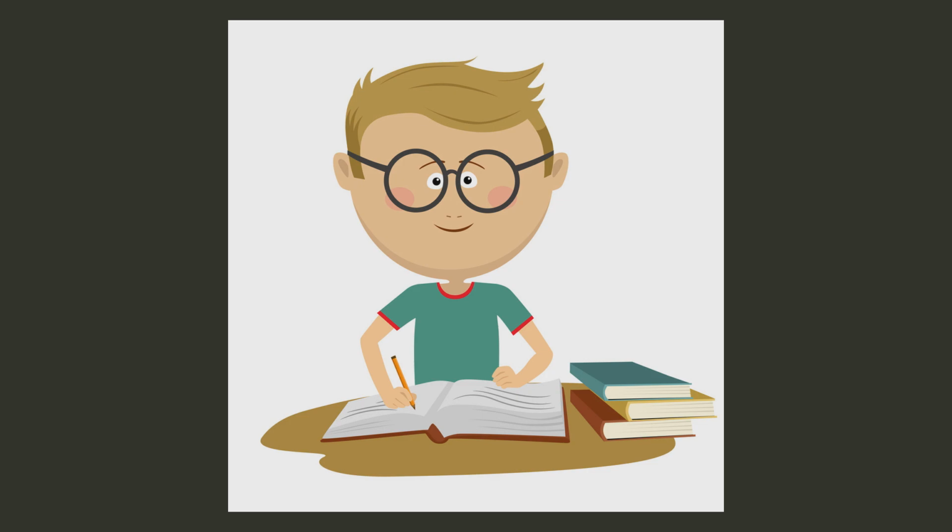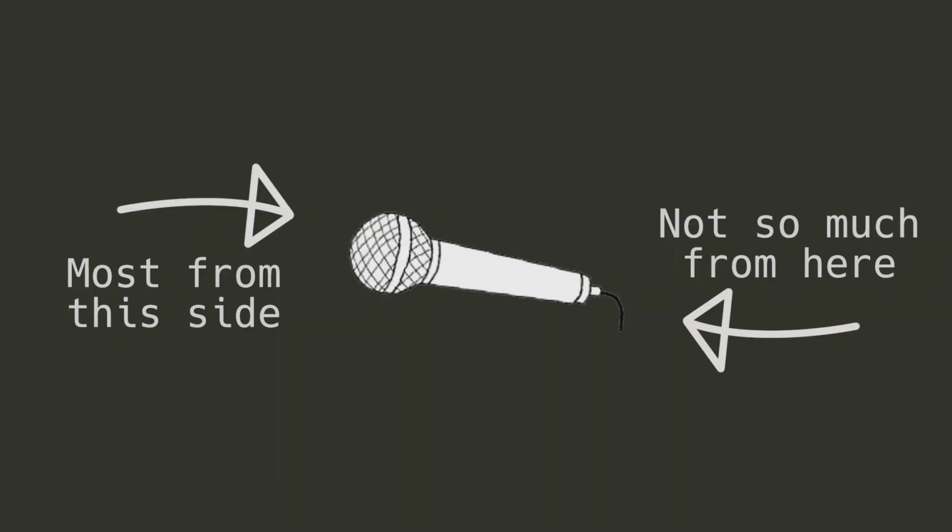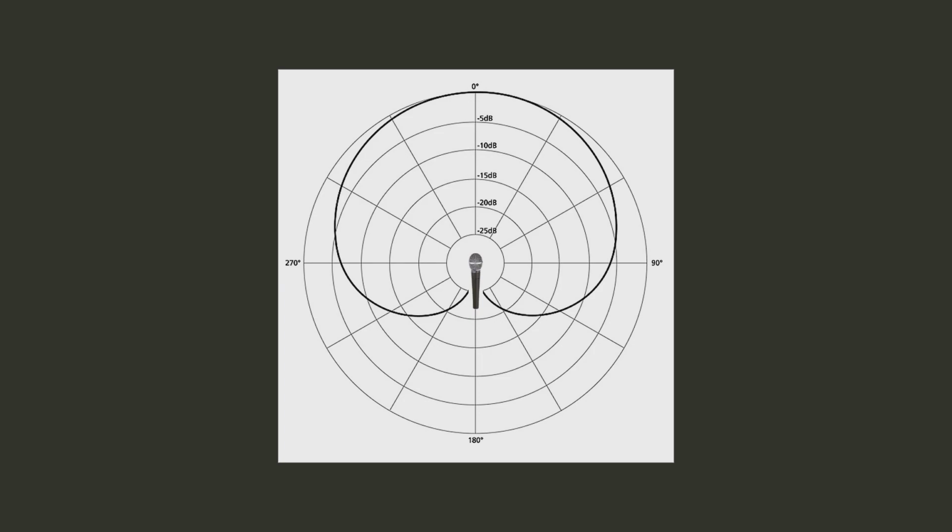So, let's get technical. Let's just assume the box we made was super perfect, and it killed everything from behind and the side. Your microphone picks up sound from a specific direction primarily, which normally is called the cardioid pattern. Stay with me, it's really easy, just a fancy name.